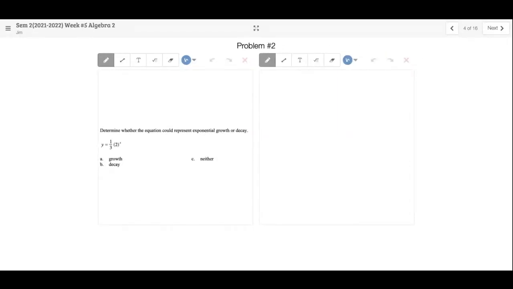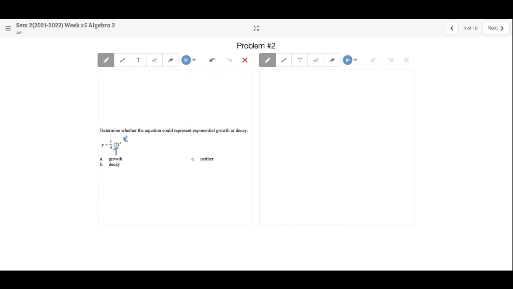Here's one. Determine whether the equation could represent exponential growth or exponential decay. Exponential growth. Samantha, right, it's going to be growth. And why is it growth? Now I know why some people would say decay, because they'd see this 1/3, but it's this number that the exponent is on that tells us if it's exponential growth or decay.